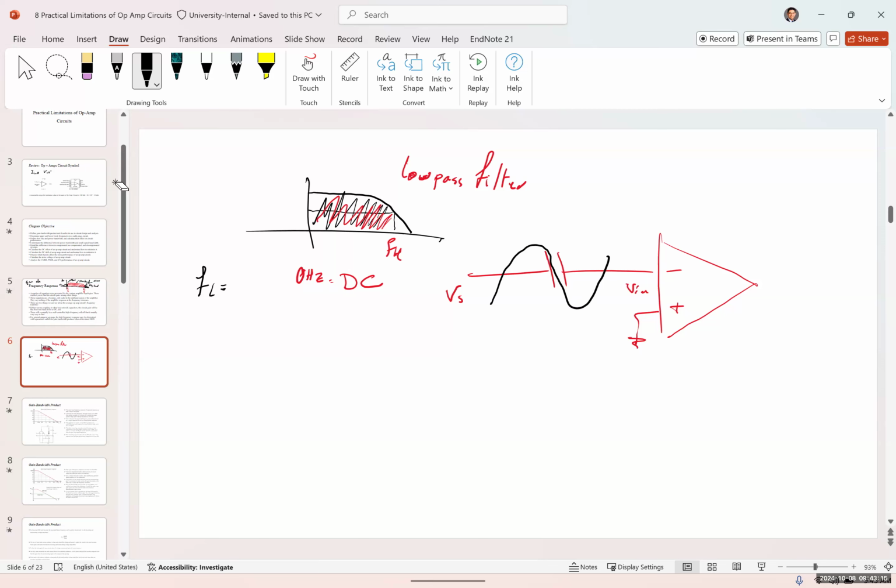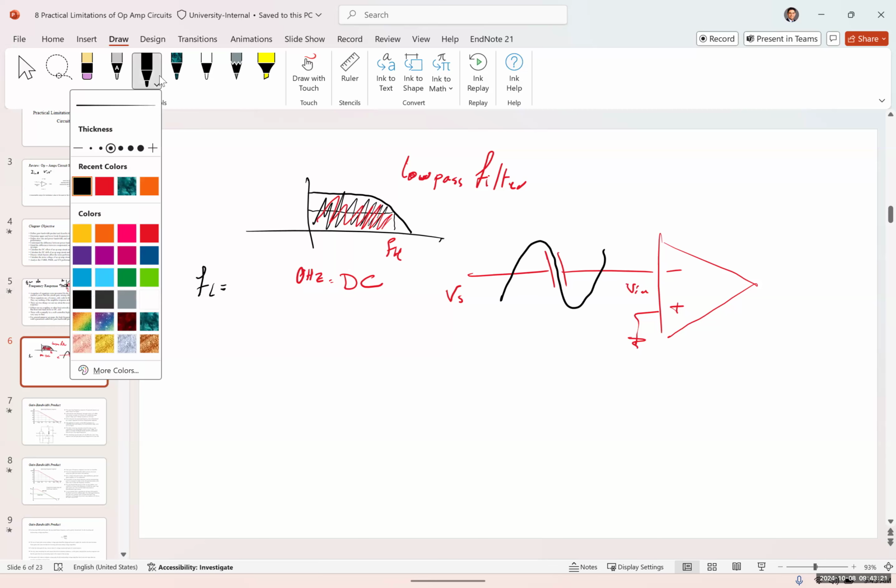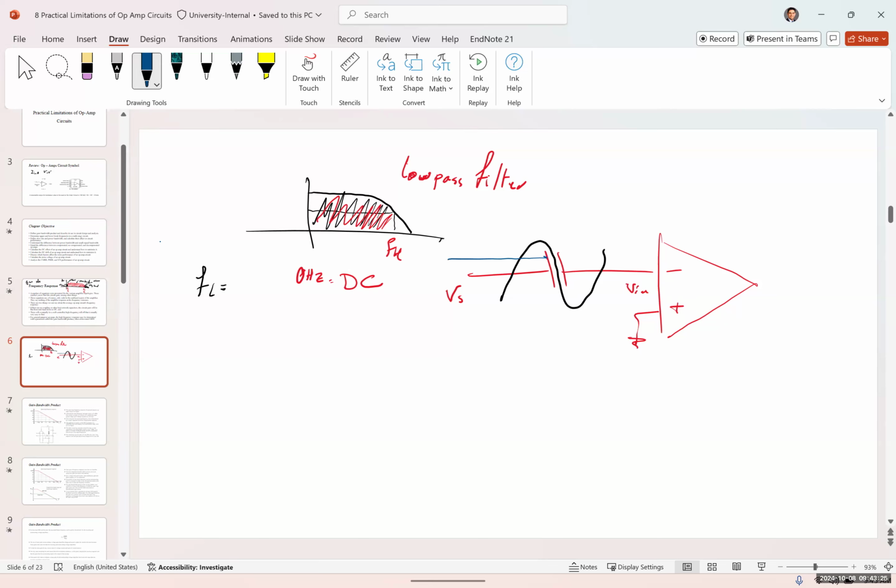This is not accurate theoretically, but it's good for demonstration. But if you have a DC signal, it's going to block that, okay? So AC signal is going to pass it, but DC signal is going to be blocked here. So if DC signal is blocked, then you can't pass it, then you're not going to have any output.